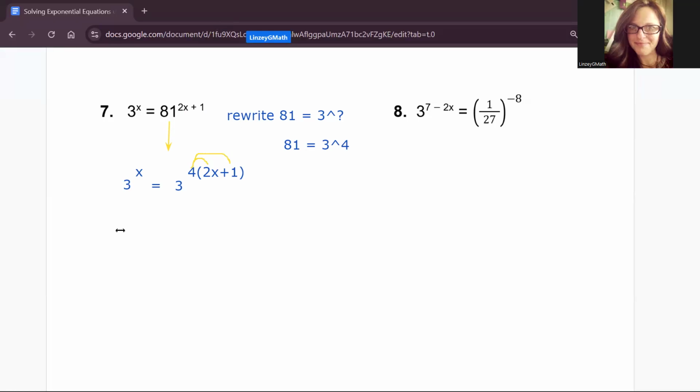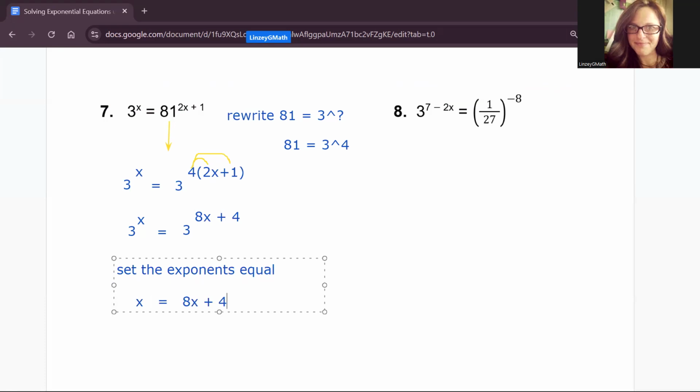And we end up with 3 to the x power is equal to 3 to the power of 8x plus 4. Now our bases are the same. We can set exponents equal. x is equal to 8x plus 4.